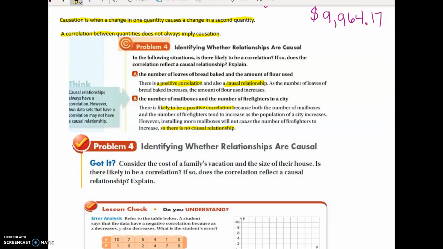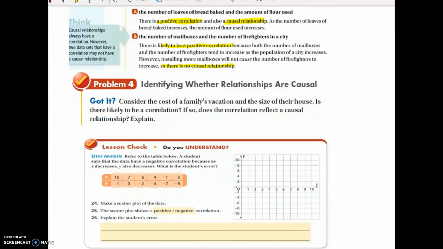Look at the other example here. Consider the cost of a family's vacation and the size of their house. So first of all, is there likely to be a correlation? I would feel like most likely if a family is going to spend more on their family vacation, then maybe they can afford a larger house. I would think that would or could be in general a positive correlation. But is there likely to be a causal relationship?